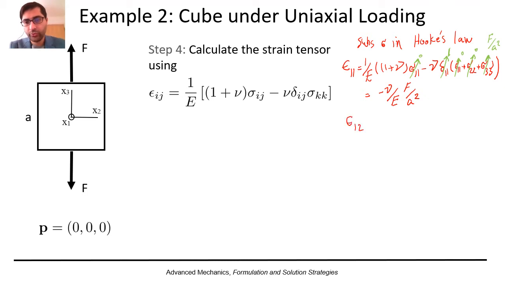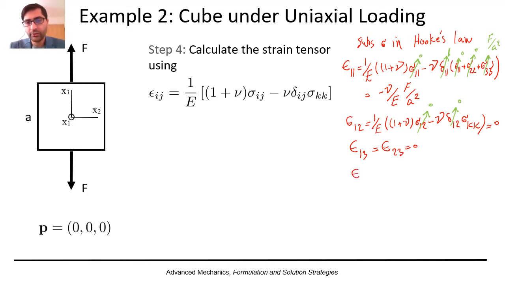For epsilon 1, 2, we get 1 divided by E, 1 plus nu multiplied by sigma 1, 2 minus nu delta 1, 2 sigma kk. We know that delta 1, 2 is 0 and also sigma 1, 2 is 0, so it becomes 0. The same basically for epsilon 1, 3 and epsilon 2, 3, which all become 0.